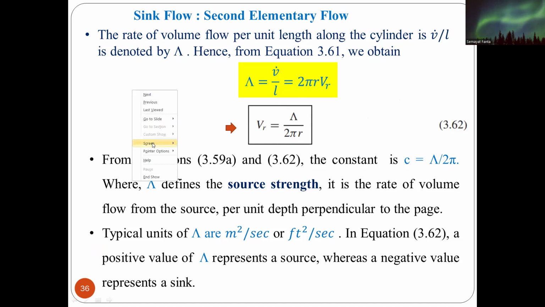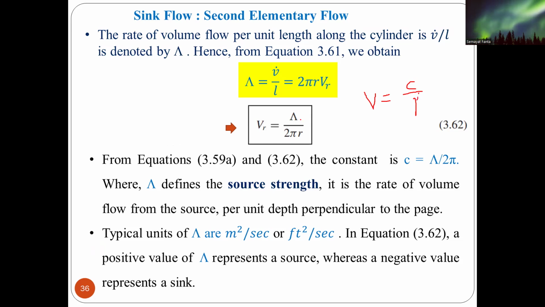Initially we defined Vr equal to some constant C over r. Observing this equation, our C is the source strength divided by 2 pi. That is the constant C.